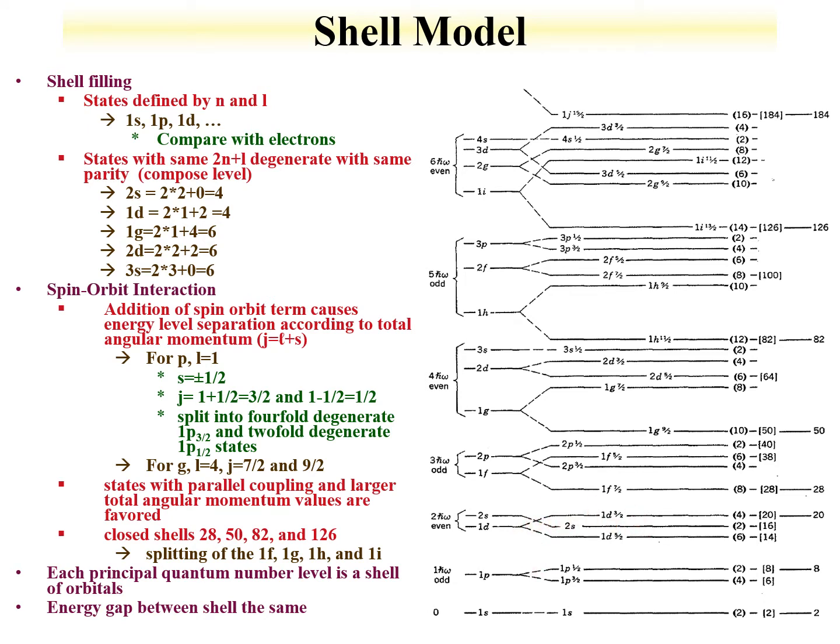For degenerate states, if I take 2 times n plus l, those with the same number will be degenerate and grouped together. For the 1s, n would be 1 and l would be 0.